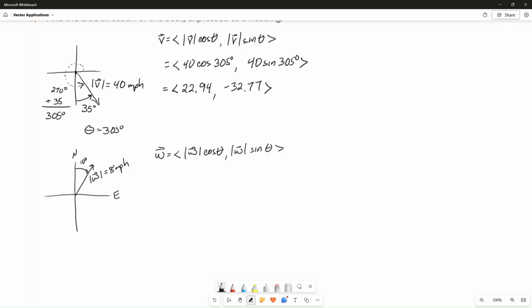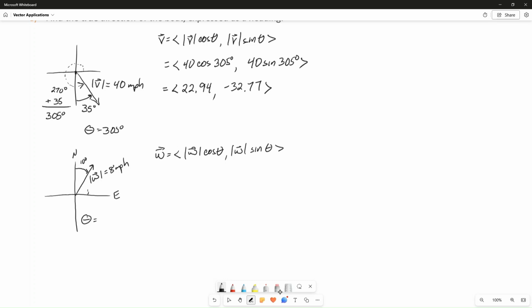We already know the magnitude, we need to find theta. I know this vector is in the first quadrant, and it's 10 degrees away from the positive y-axis.